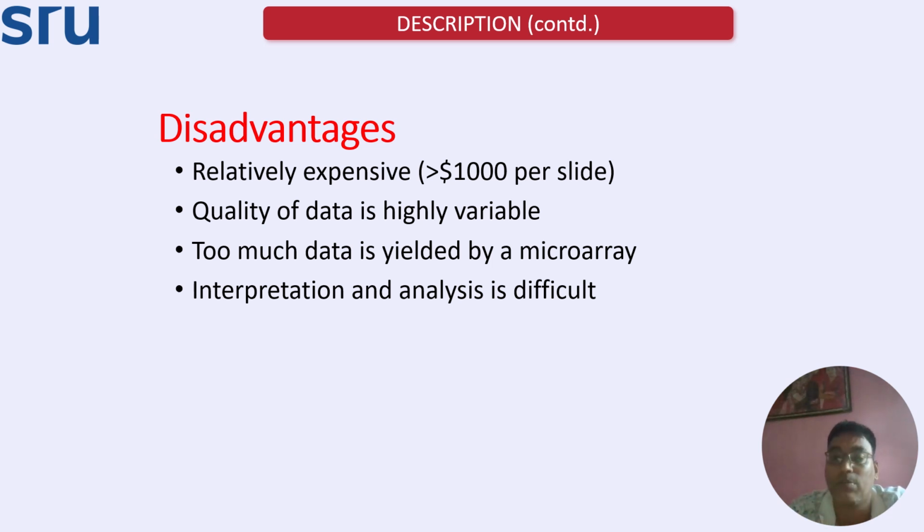Several different parts come in there, and each time you may get different data. So what people normally do is keep on taking the average expression under this condition. Too much data is yielded by microarray, and interpretation and analysis is highly difficult.